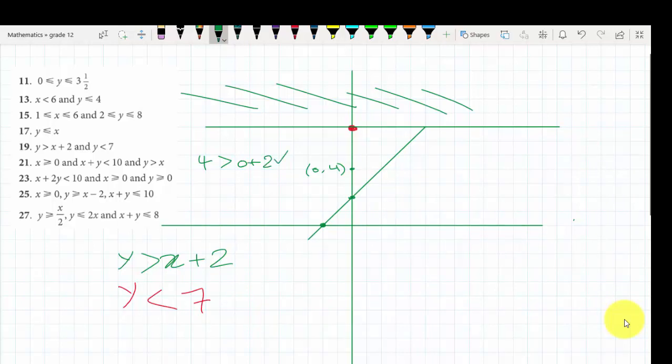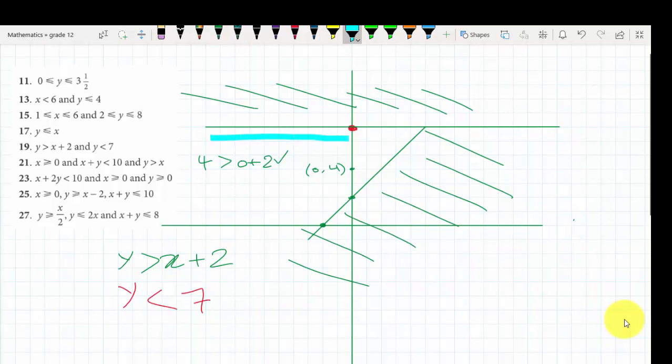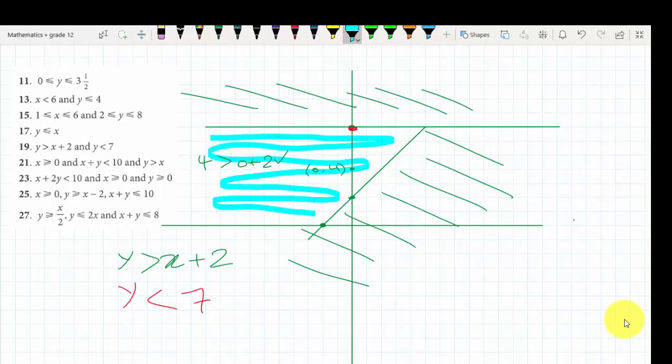Yes, it's correct. So the above is the answer. We will shade below. The answer is this region, which is not shaded. This region between the lines is not shaded, so it is the answer of question 19.